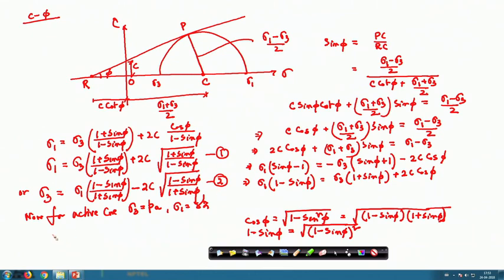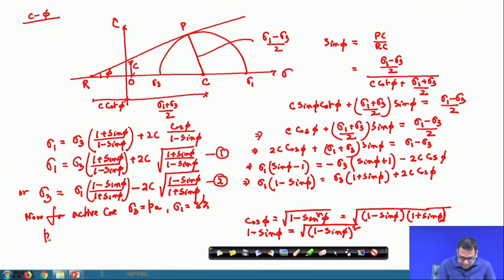So, I can write this expression. For the active case, P A is equal to gamma z (1 minus sin phi)/(1 plus sin phi) minus 2c root over (1 minus sin phi)/(1 plus sin phi).